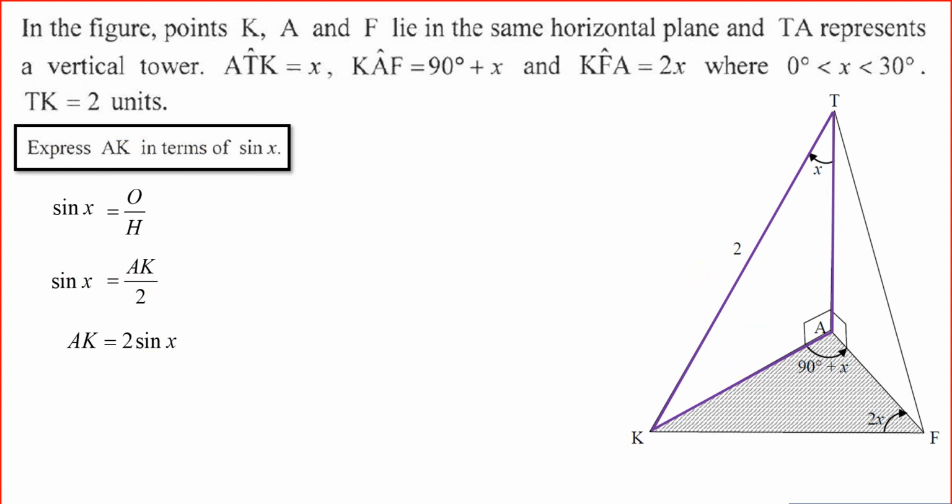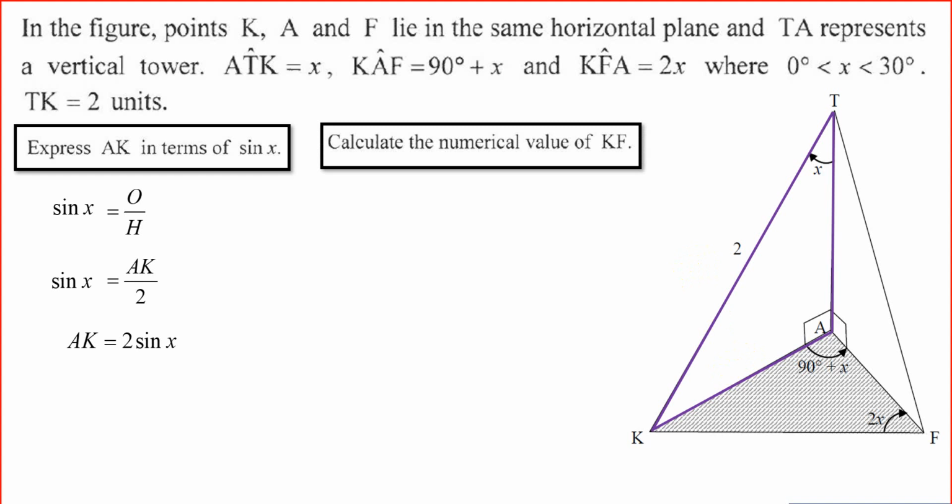I'm going to delete that. The next question is worth 5 marks, which says calculate the numerical value of KF. KF is found in triangle KFA.